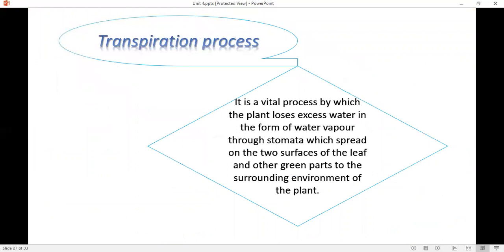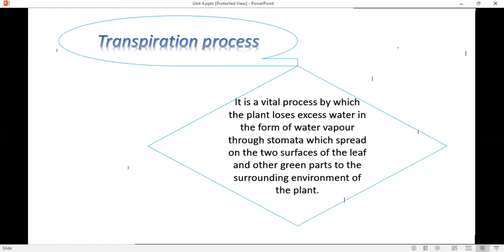What is the definition of the transpiration process? It's a vital process by which the plant loses excess water in the form of water vapor through the stomata, which are spread on the two surfaces of the leaves and the other green parts to the surrounding environment. So I can say biological process or vital process, both of them are right.